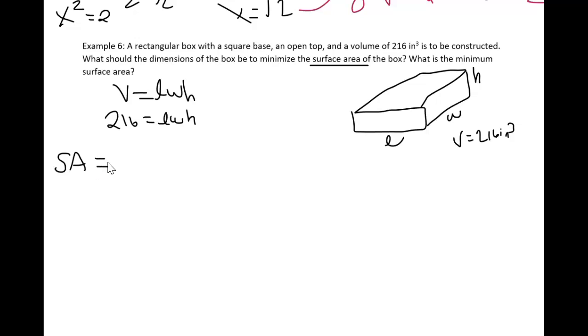So the surface area is the area of each side. So we've got the base, which is length times W. Then we've got the left and right panels, which are WH, but there's 2 of them. And then we have the front and back panels, which are LH. And there's 2 of them.